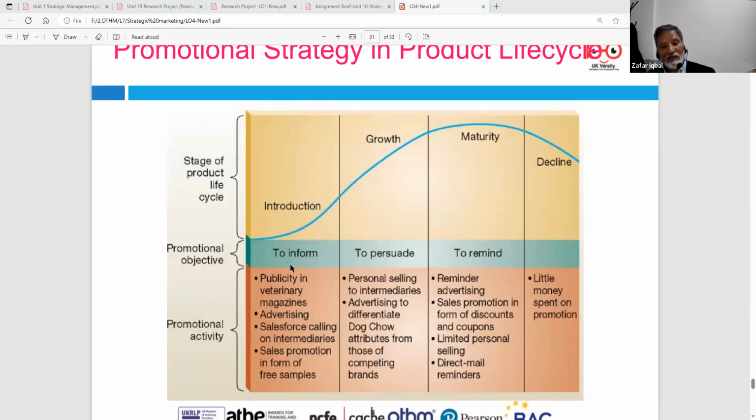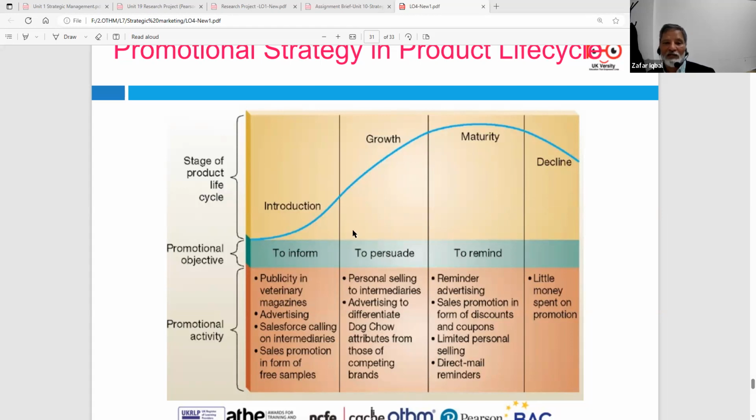When the product is growing, after it's been introduced, people get to know it. The promotional activity changes into persuading the public to buy the product, and the company wants to increase the revenue.